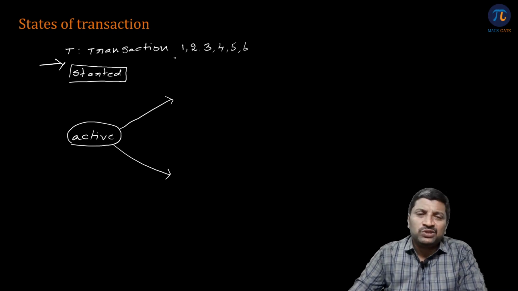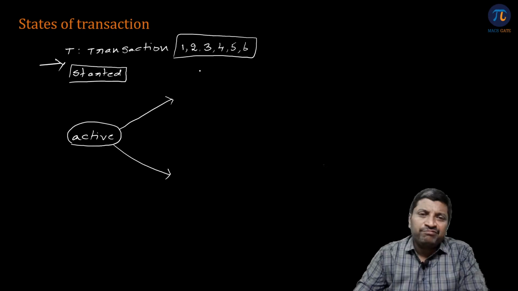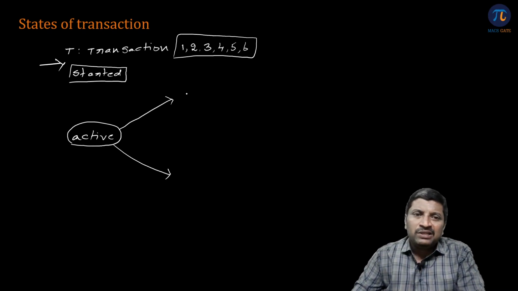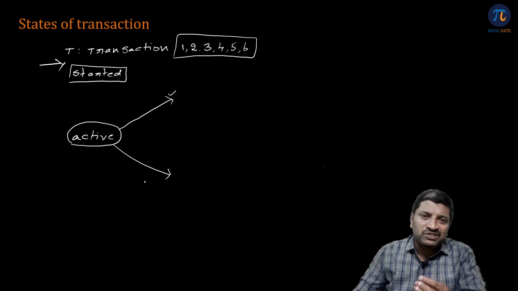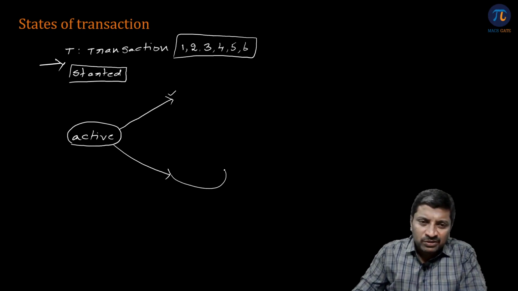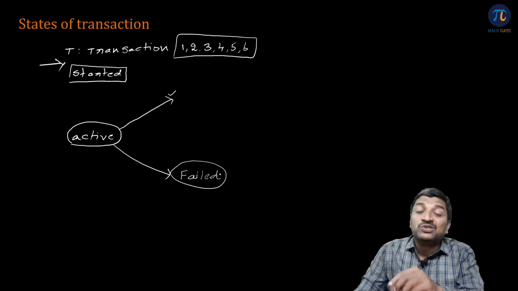If you can complete all the 6 operations, that is the first possibility. Suppose it failed in between, say between 4 and 5 or 3 and 4. So the second state is very clear, it failed. That may be at any point of time, but it was not completed.